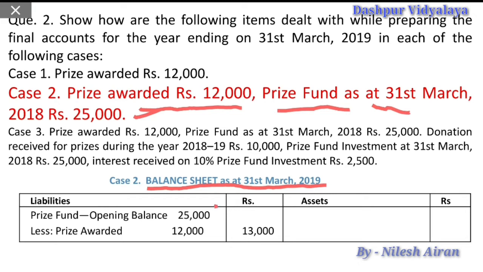See, we had received 25,000 rupees for meeting the expenditures related to the prize. So the prize fund is given as rupees 25,000 and we have spent rupees 12,000 out of it. So that 13,000 is a liability, because it cannot be used for any other purpose. That is why it will be shown as a liability, and only the expenditures related to the prize will be deducted out of this fund.